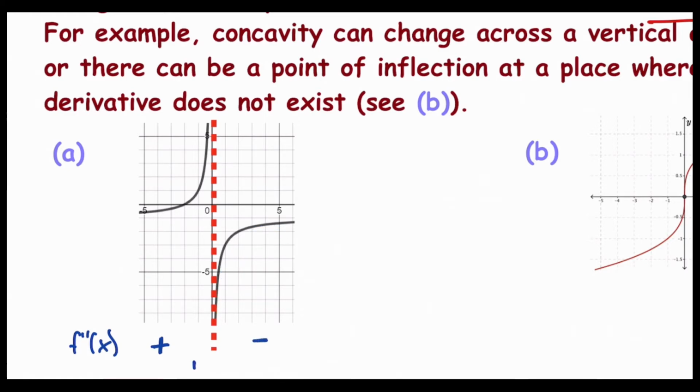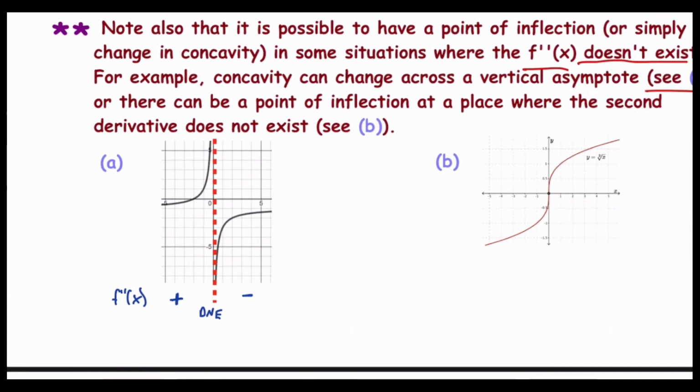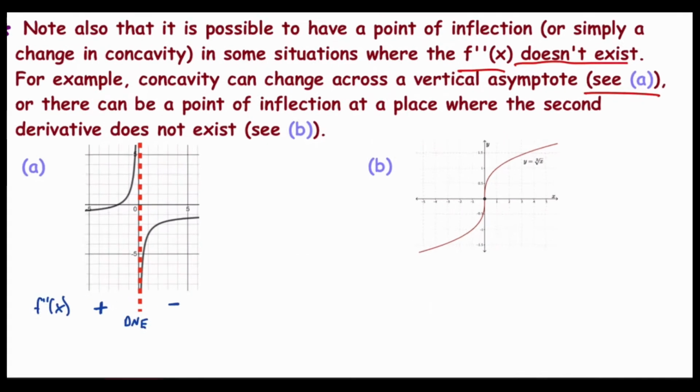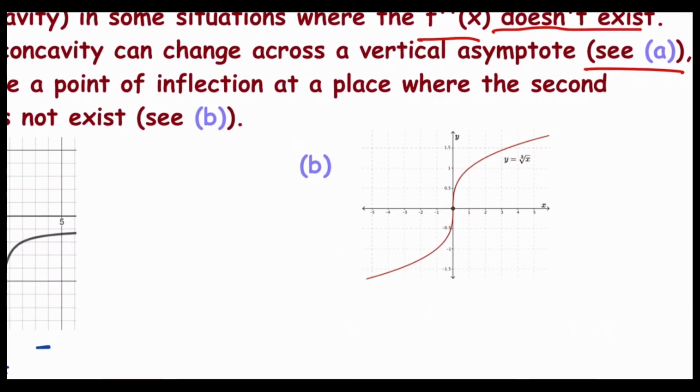And in the middle, it does not exist. It's not defined there. There are no y values. It's an asymptote. It's a value that does not exist. And the limit doesn't exist either because it's approaching two separate values from either side. So that's A. Or there can be a point of inflection at a place where the second derivative does not exist. See example B.